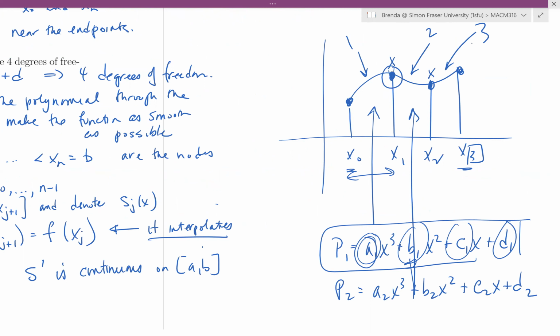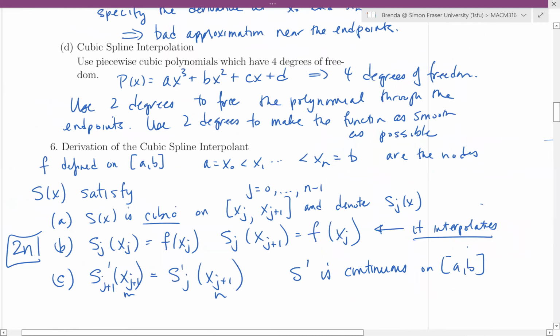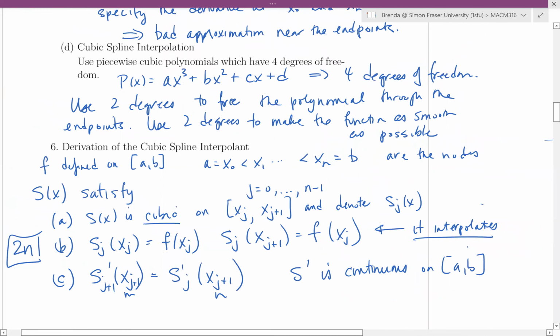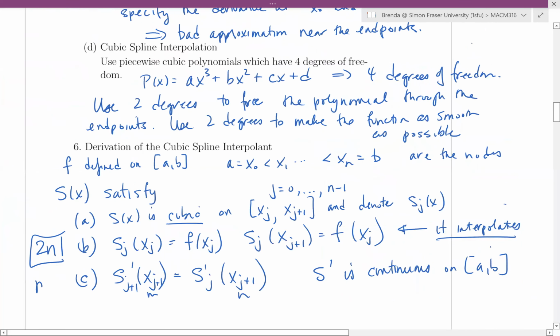Then we have P2 and P3, and we want them to have the same derivative right here. How many choices is that? In this case, 2, but how many in general? n minus 1, absolutely. In this example n is 3, so that is n minus 1. Used up.